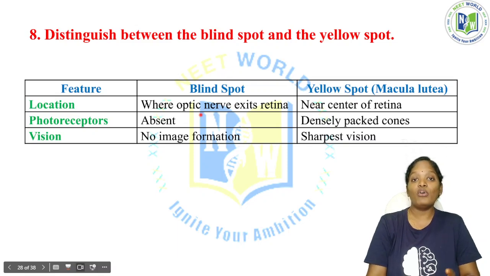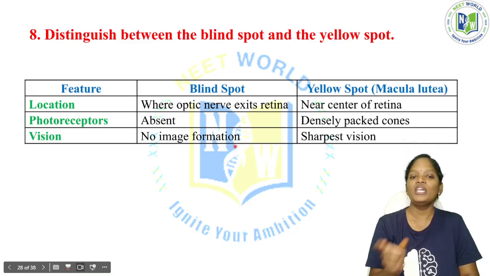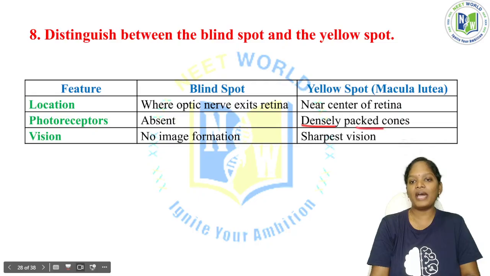Very important: in the blind spot there are no photoreceptors present. As there are no receptors to receive the light, there will be no vision. That is why we call that spot the blind spot. The yellow spot has densely packed cones.